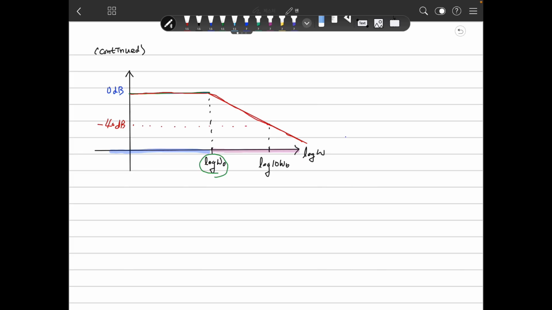But to rewrite, the real value of 20 log h at omega equal to omega 0 is not 1.